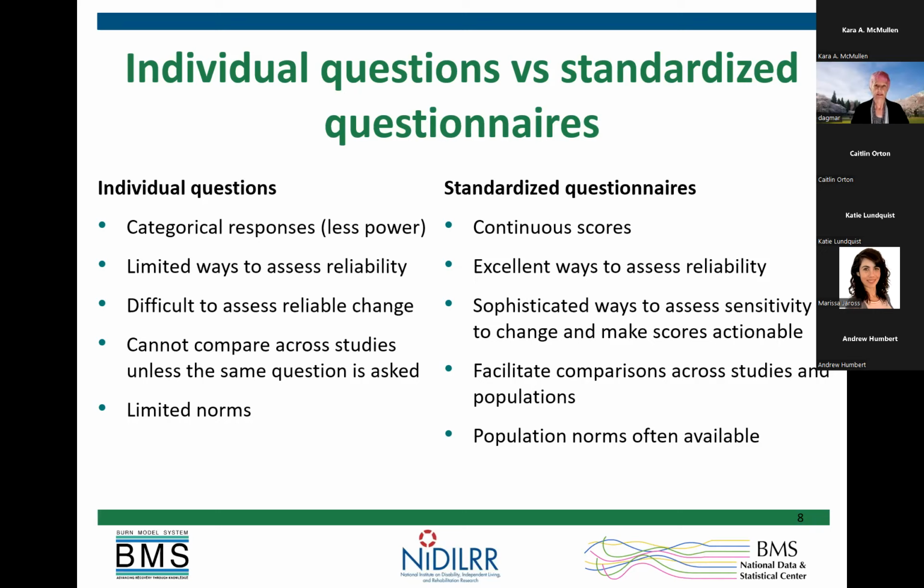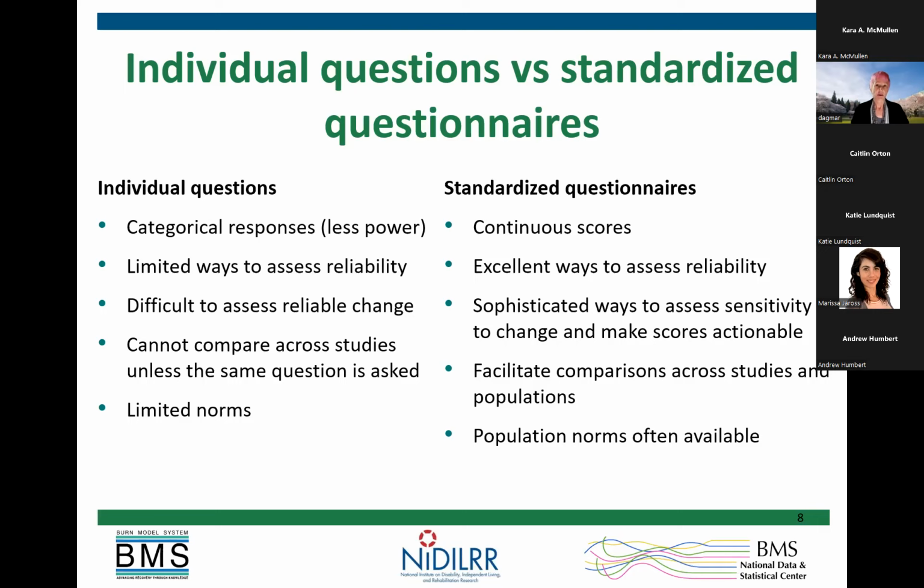With standardized questionnaires, we have excellent ways of assessing reliability. We get a lot of information, and I will show you some examples of that. With individual questions, it's difficult to assess what reliable change is.